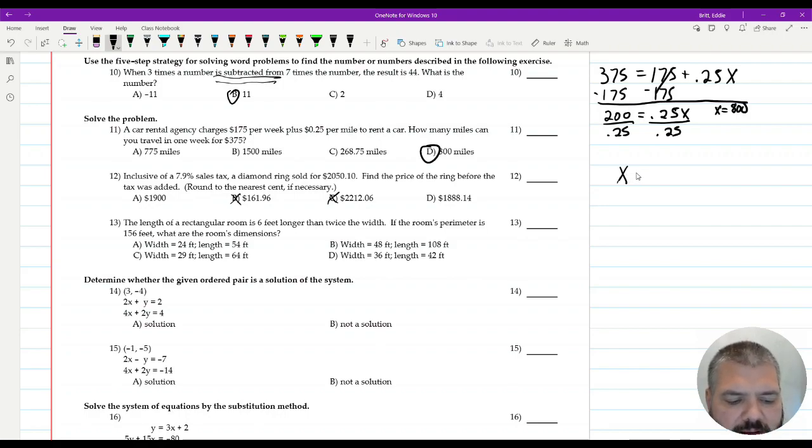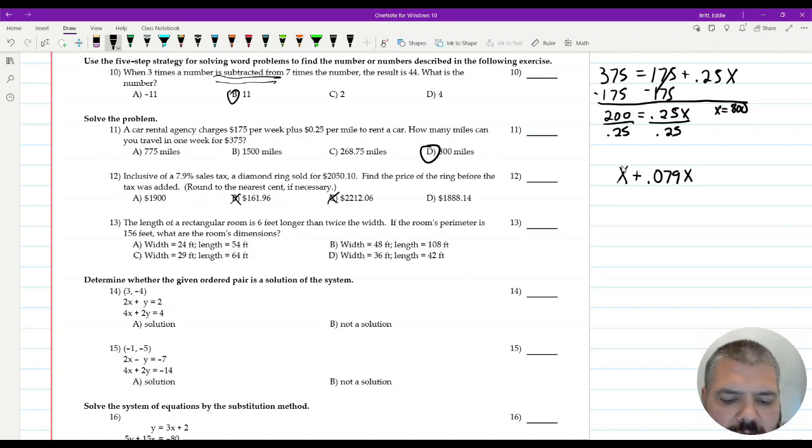How would we find the tax to go on the ring? I would say plus, and it said 7.9% sales tax. To write that as a decimal, it's not 0.79, that would be 79%. It's 0.079 times the price of the ring.